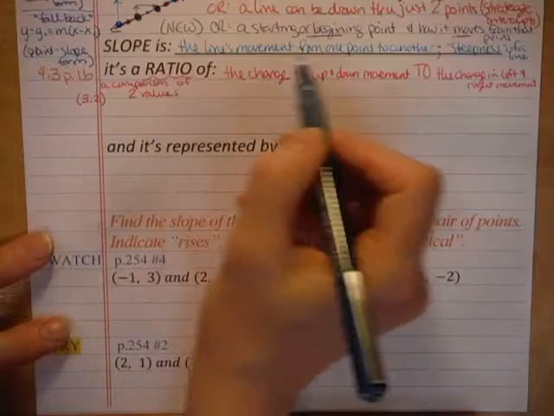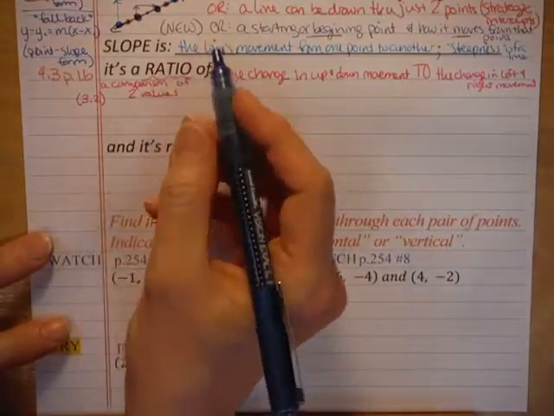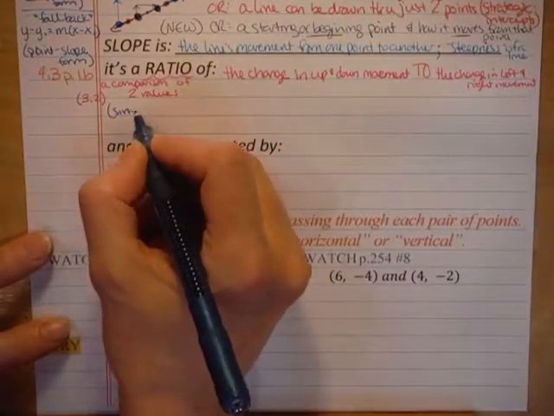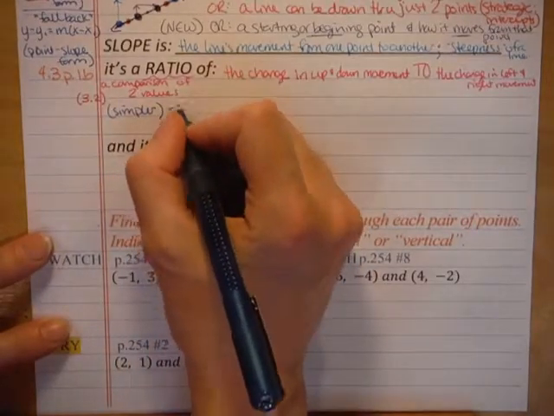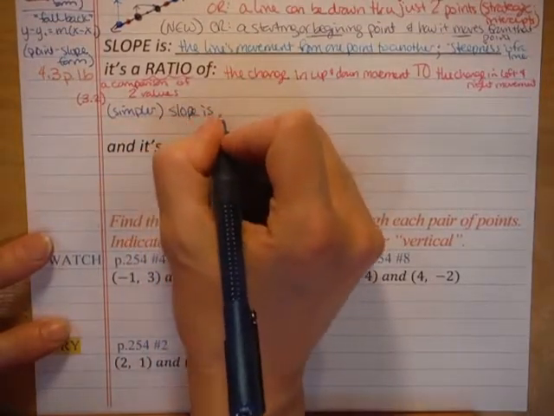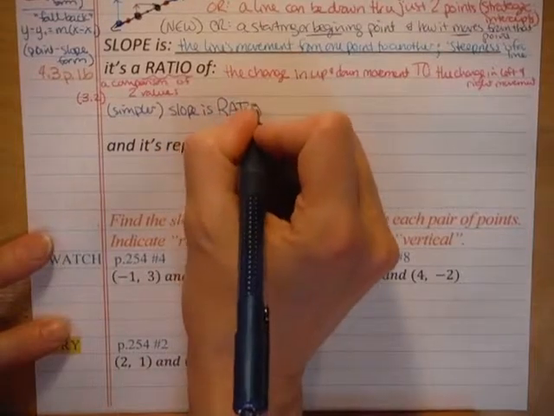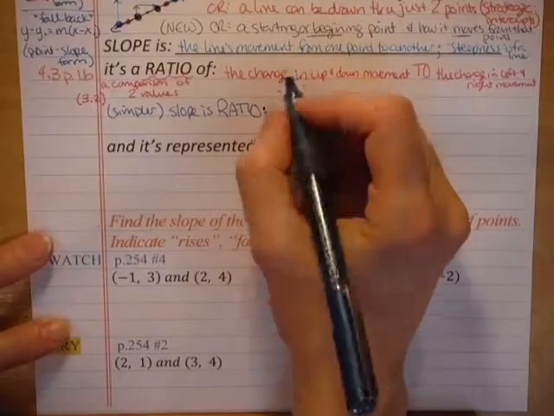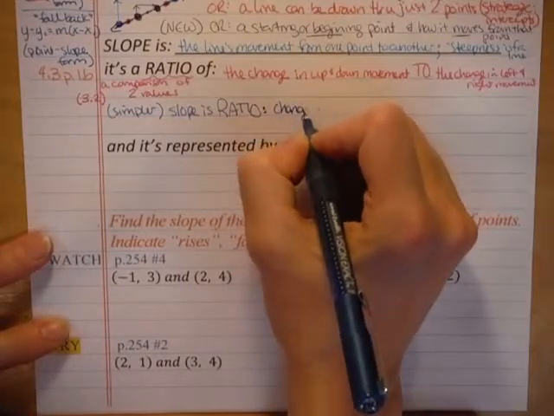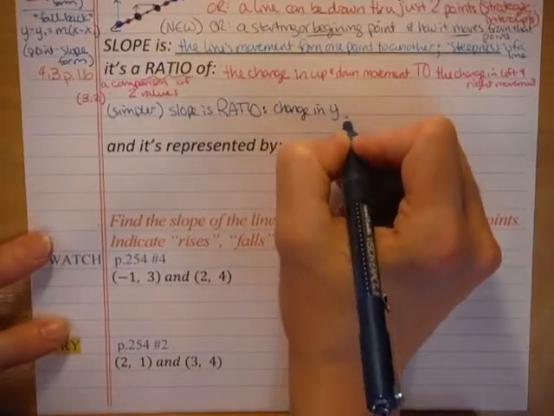So that's quite the description. That's pretty verbal there. Let's see if we can come up with a little bit more visual or a simpler way to describe that here. So if we're saying slope is a ratio, it's a ratio of the change in y, which would be representing your up and down.